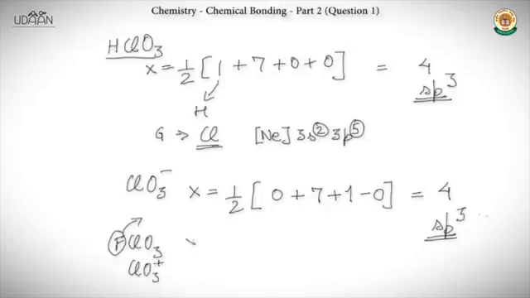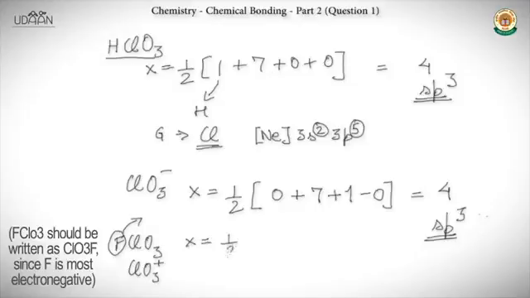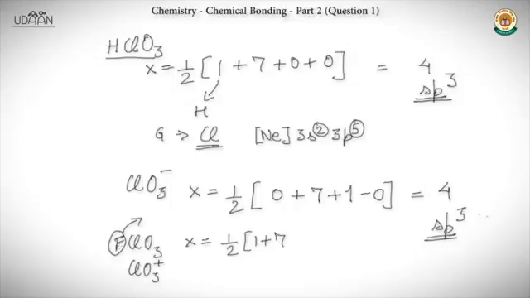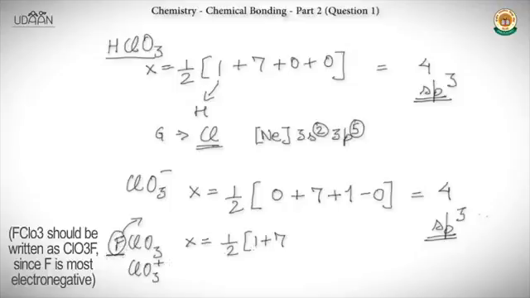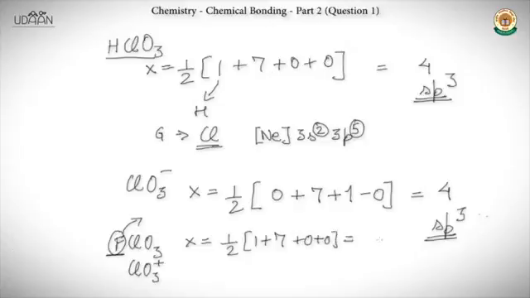Because initially, in the first case with F, x would have been half of 7 plus 0, which would technically mean it's 4. But in this case, it would become half of, well, there's a 0, there's 7, there's 0. But here's a minus 1. So what we'll end up having is 3 and then sp2.